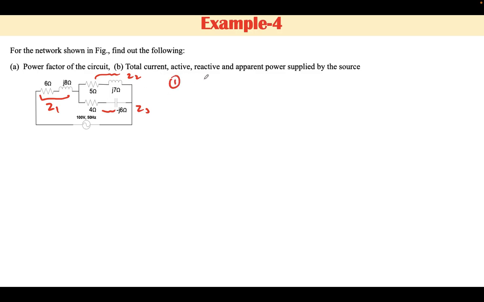Let's consider first the admittance method. Now, in case of admittance, whatever the branches in parallel, we have to convert their impedances into admittance form. Then we know Z is equal to 1 by Y, or Y is equal to 1 by Z. Now consider Z2.